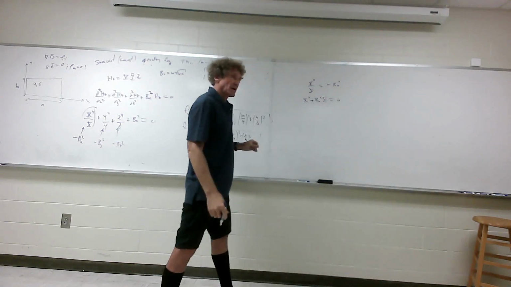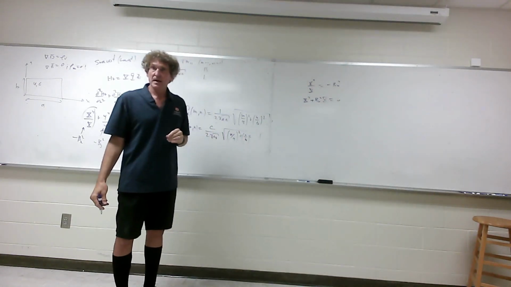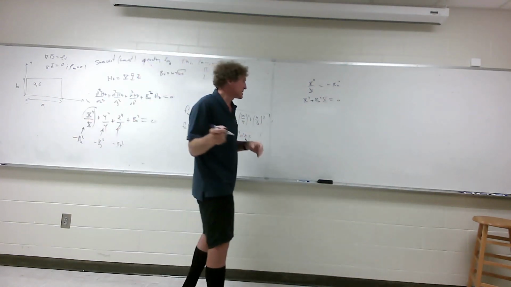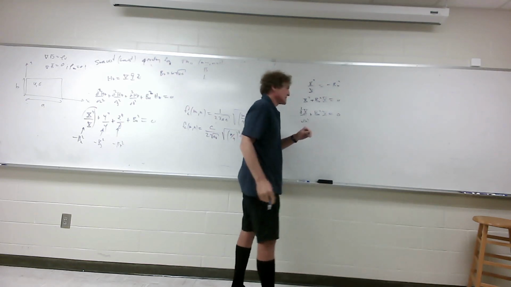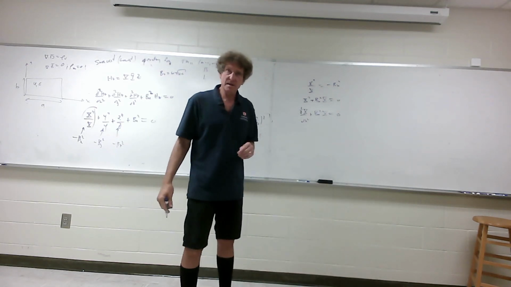Does everybody know what I've done from the first step to the next step? I rearranged things to make it all equal to 0. This double prime is the second derivative of the functional form of x with respect to x squared. And this is going to be plus beta x squared times the functional form of x equals 0. That's the second order differential equation that's linear.